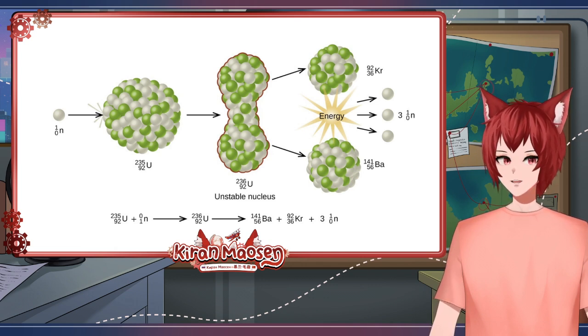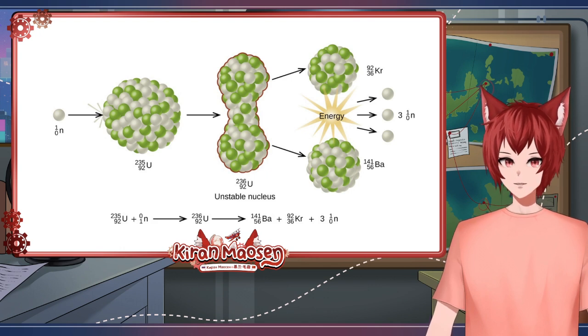So let's do some math on one example of our grumpster, creating barium-141 and krypton-92 daughters. Uranium-236 to barium-141 plus krypton-92 plus 3 neutrons. The atomic weights balance out, but the energy produced by fission is many times greater than the energy produced by spontaneous neutron decay.